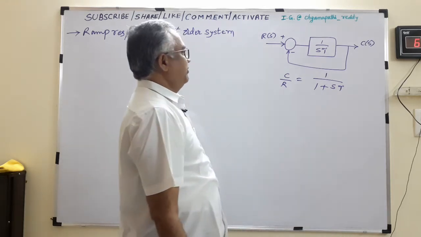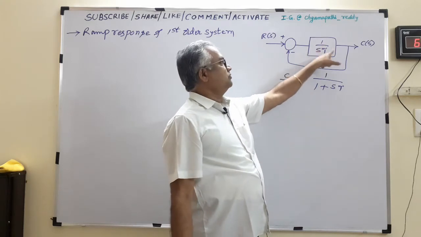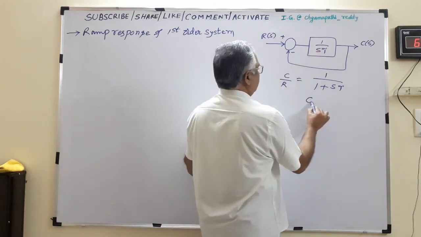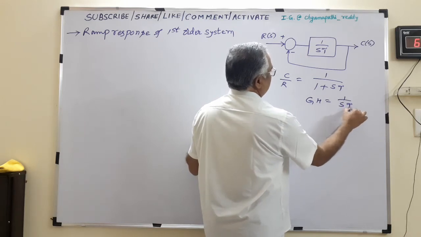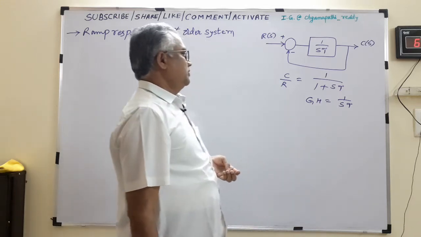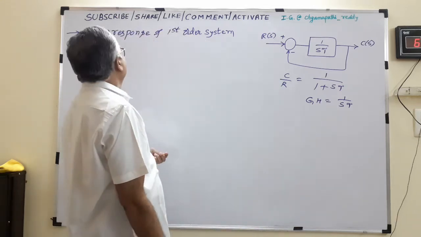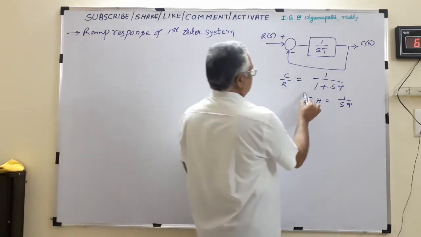For any unity feedback system, the overall transfer function is this. And what is GH here? 1 by S tau. So, what is the order? First order. Okay. So, ramp response of first order system. This is first order.